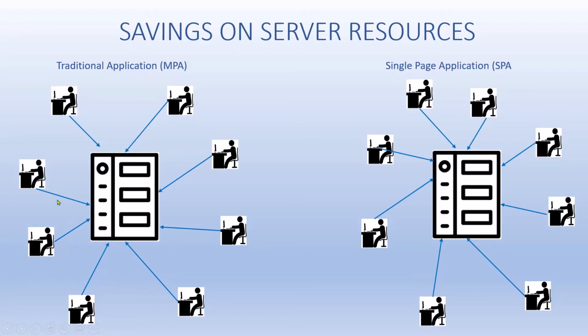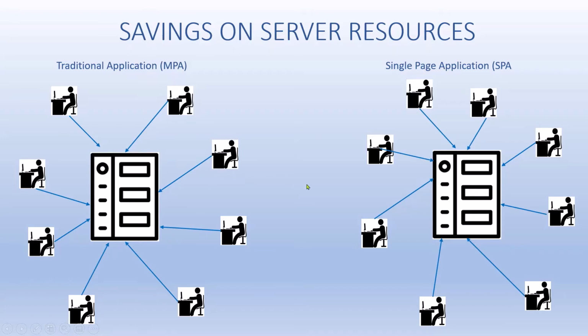Also keep in mind that each one of these users would not be accessing the same web page, right? They would probably be accessing different categories at the same point in time. This, of course, is going to then lead to a heavier load on the server and is going to eat into the server's bandwidth.